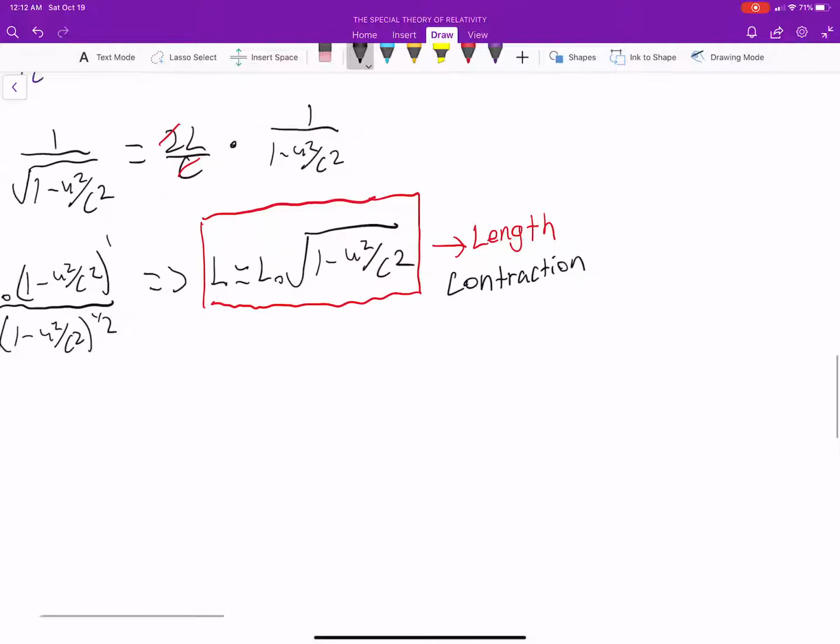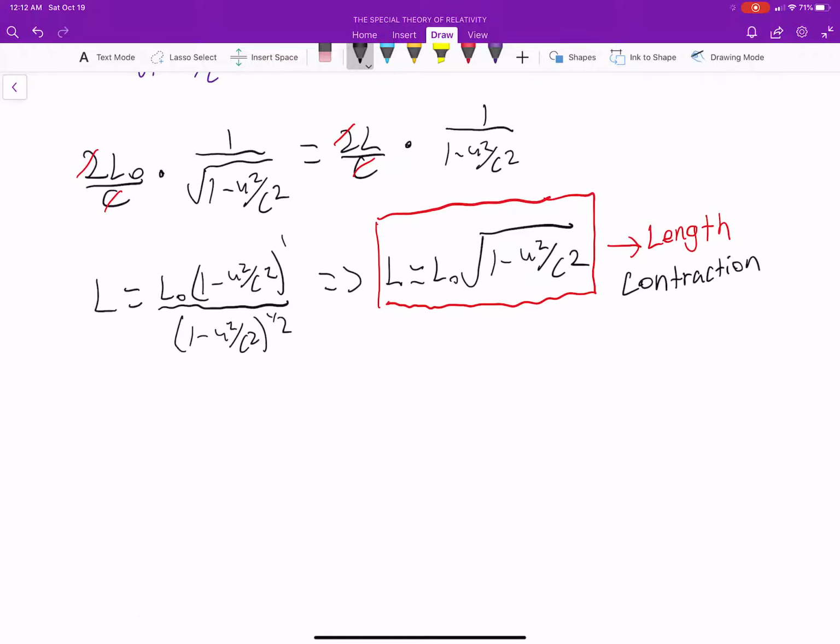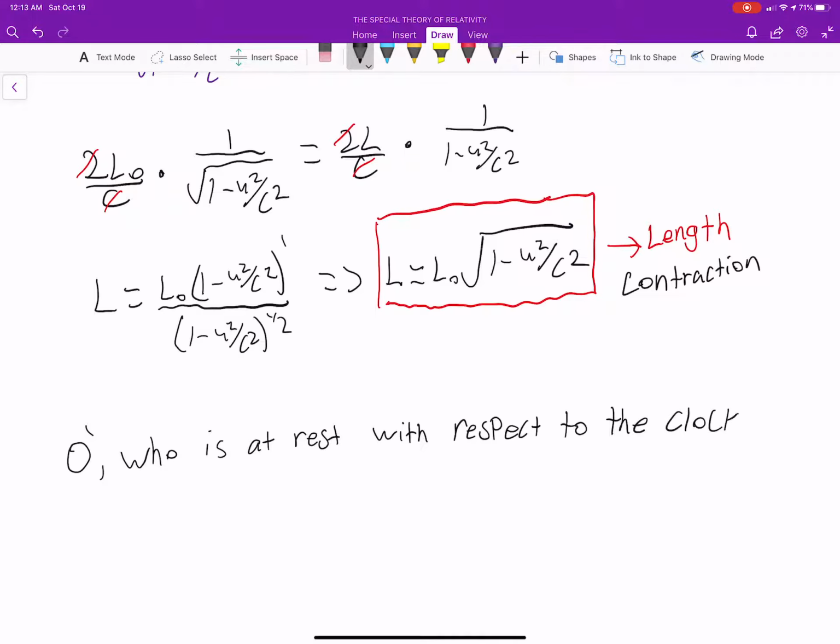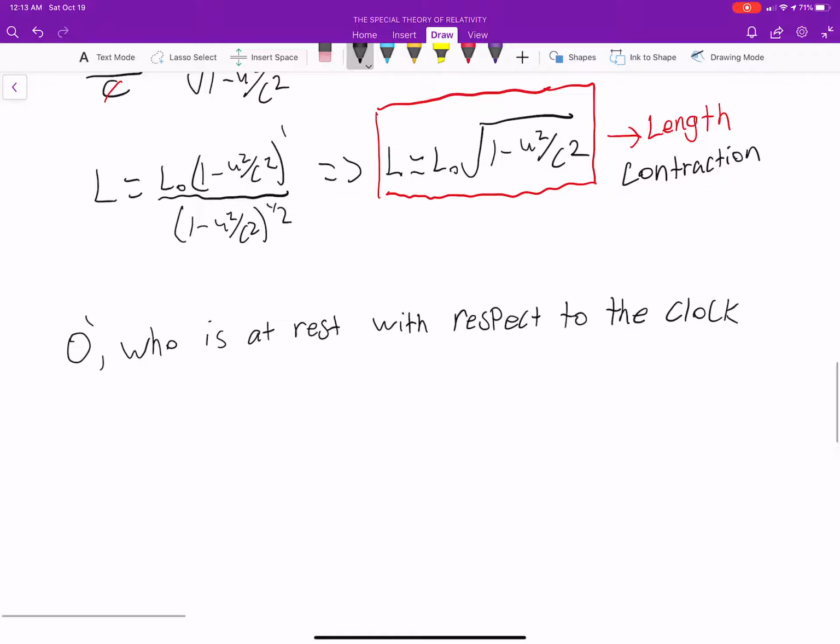So, we derived it. Let's talk about it a little bit. O prime, who is at rest with respect to the clock, measures what's called a rest length.